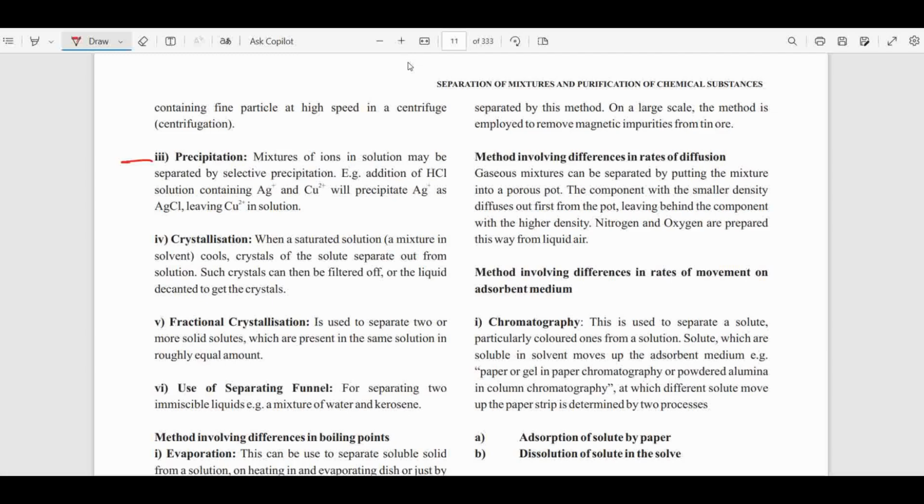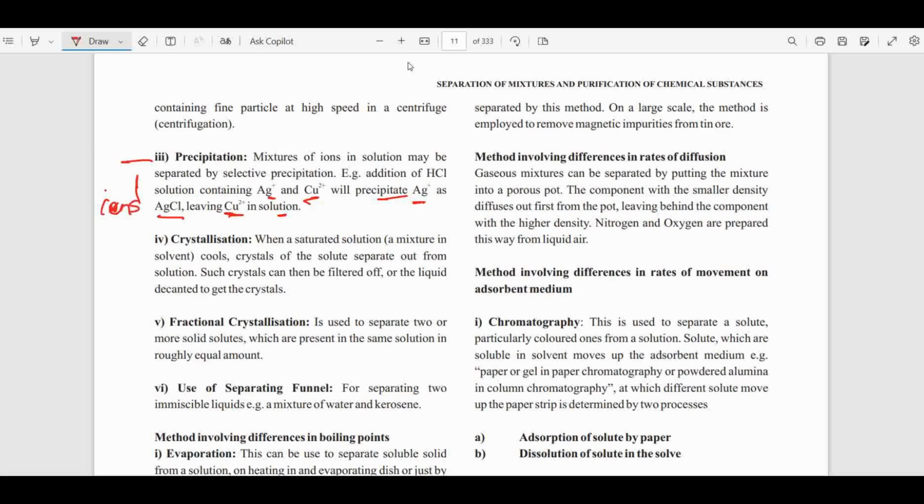So for example, addition of hydrochloric acid to a solution containing silver ion and copper 2 ion will precipitate silver ion as silver chloride, and then that will leave the copper 2 ion in the solution. So precipitation is usually the separation of ions. That's the key point to note here.